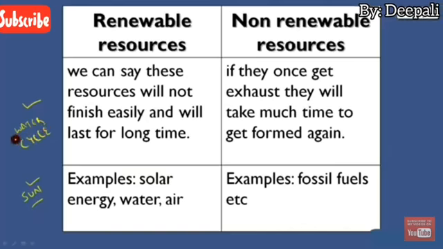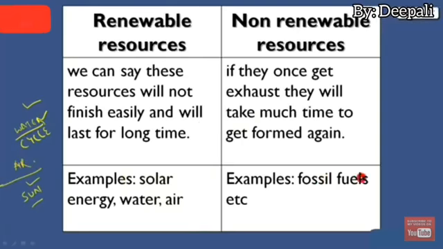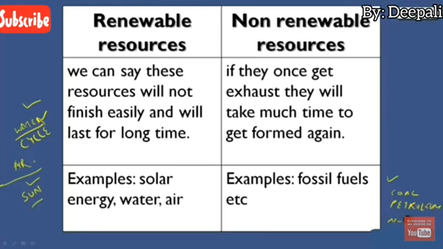Like water, it gets circulated in the nature by water cycle. So it is always under circulation. And the non-renewable resources like coal and petroleum, natural gas, these are also considered to be the types of fossil fuels.